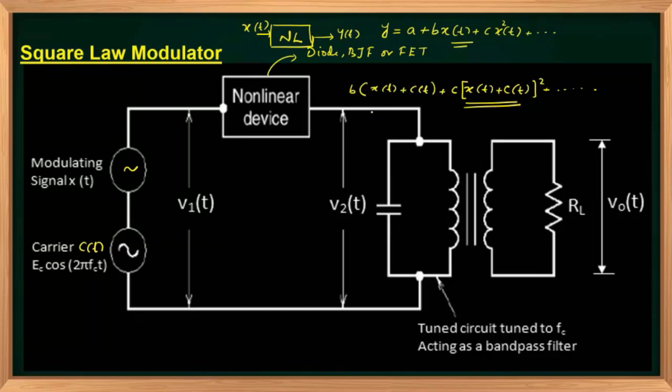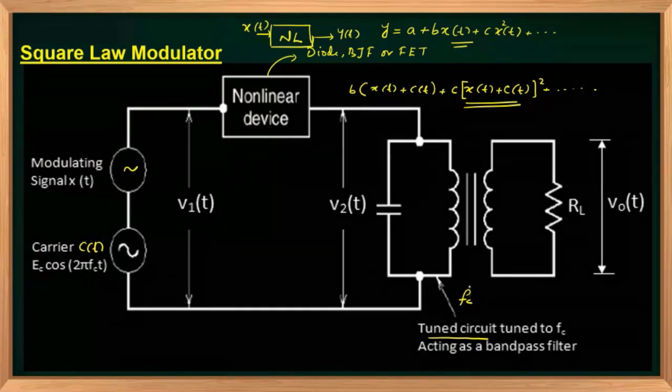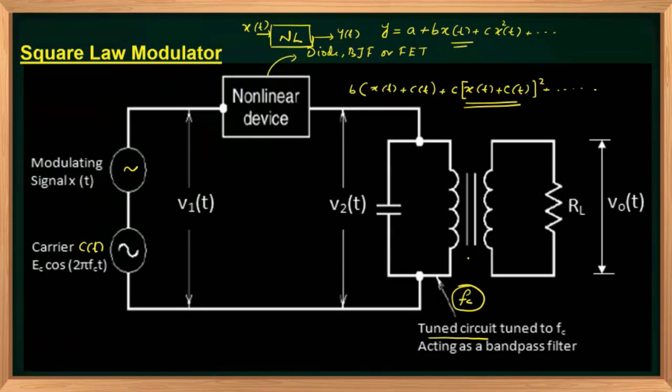So there will be many terms in the output of a nonlinear device, and here we are using a filter circuit. A capacitor inductor combination is a filter circuit, or a tuned circuit, which is tuned to frequency fc. So it will take only the frequency components near the carrier frequency, in the range fc minus fm to fc plus fm, where the modulated AM signal lies.